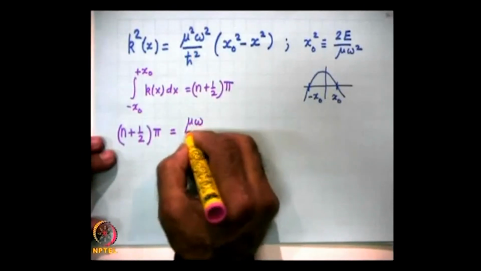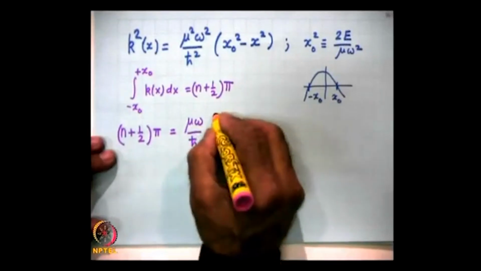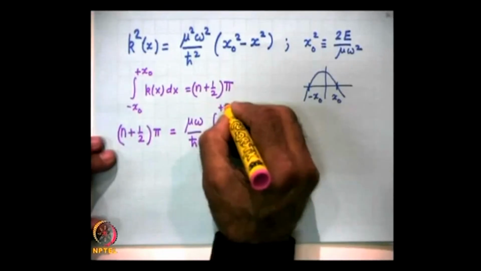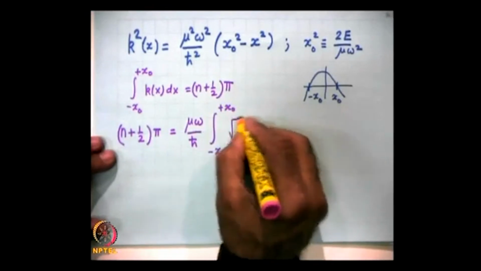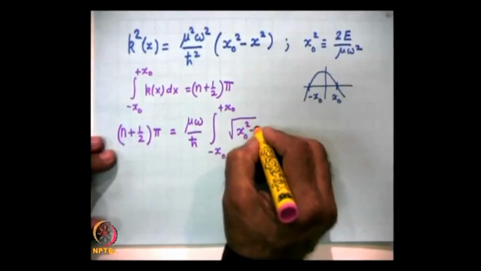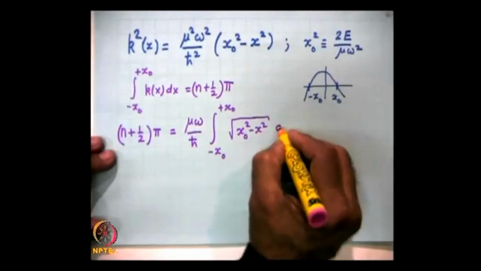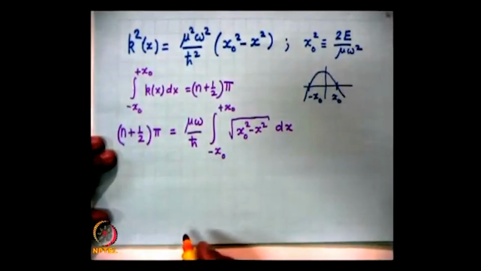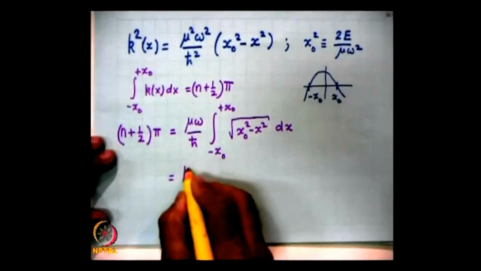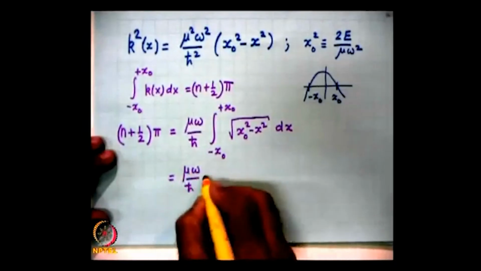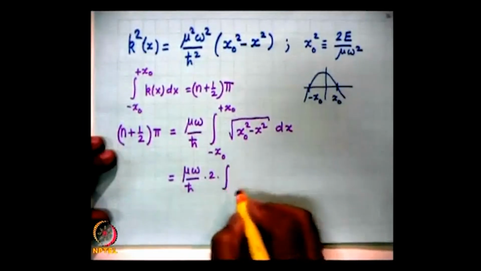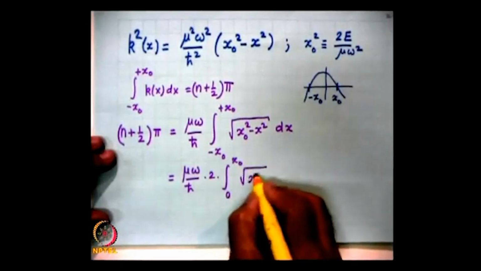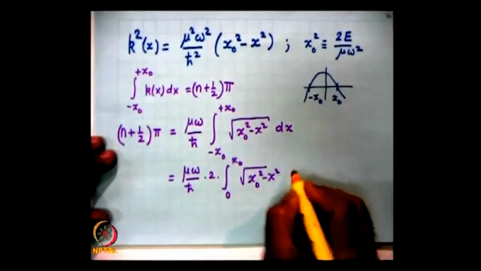which will be mu omega by h cross. This is a trivial integration, but let me do it, from minus x naught to plus x naught under root of x naught square minus x square dx. Since this is an even function of x, this will be mu omega by h cross times 2 times the integral from 0 to x naught under root of x naught square minus x square dx.